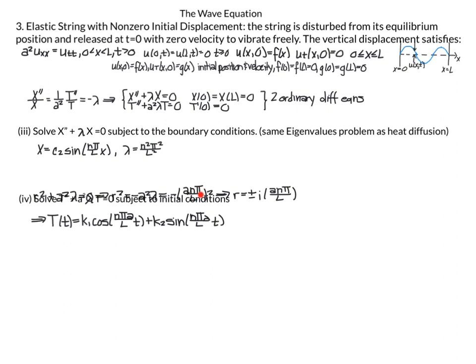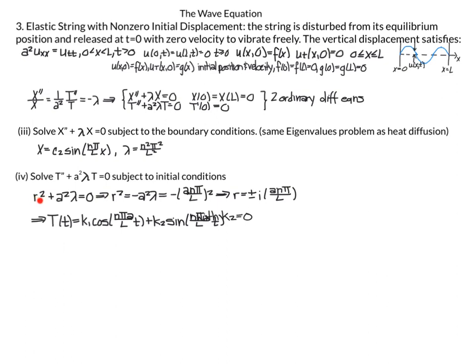Plugging in for lambda, r squared is equal to minus (a n pi over L) squared. So that means r is equal to plus or minus i a n pi over L.